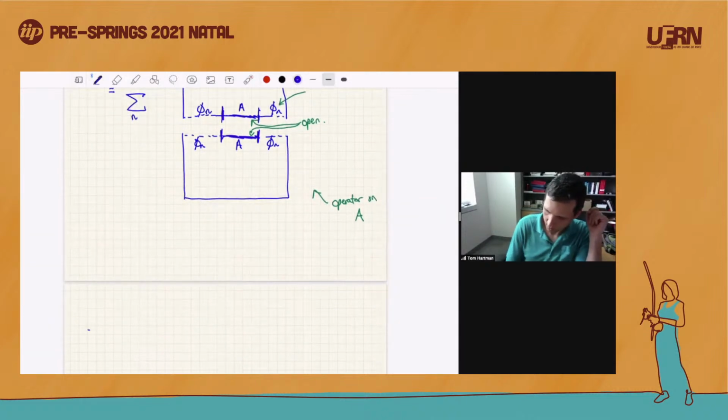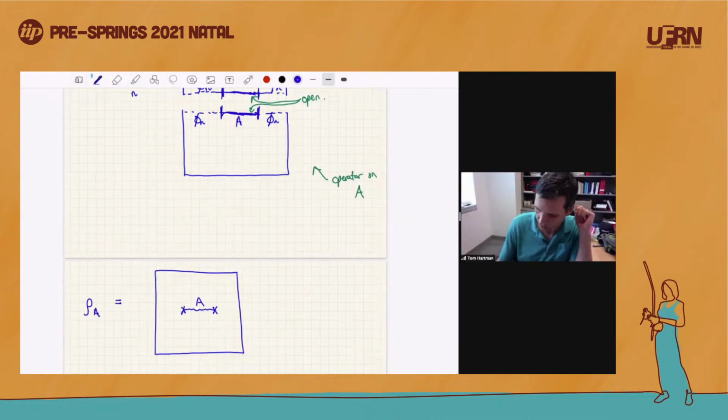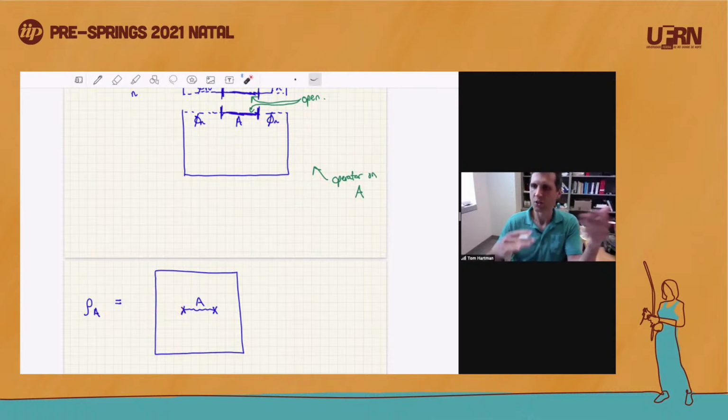And we have rho A is now the path integral, it looks like this. Okay, so what's happened here is we were summing over field data here, but it was the same on top and bottom. So that has the effect of just gluing the manifold together.